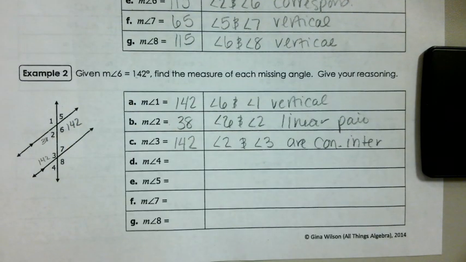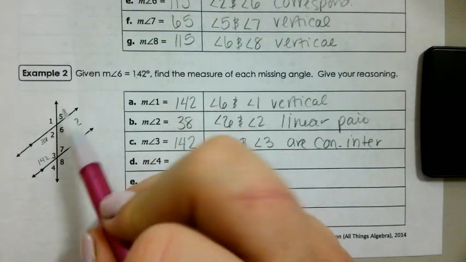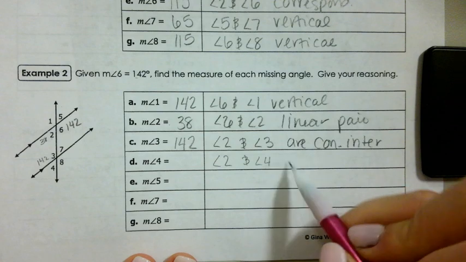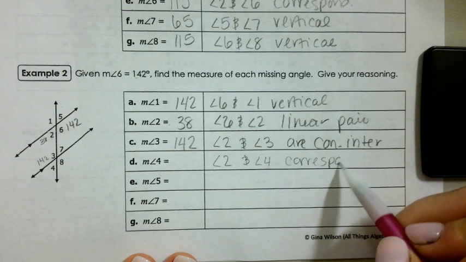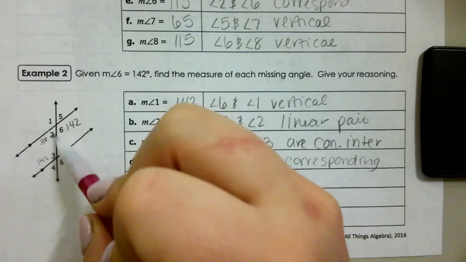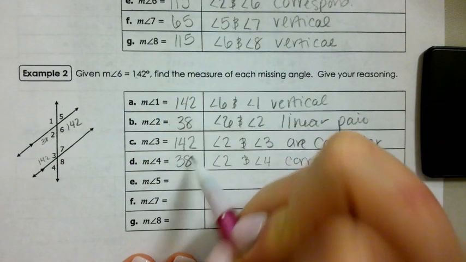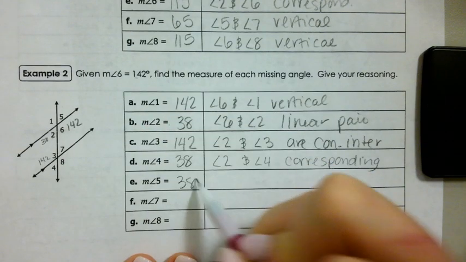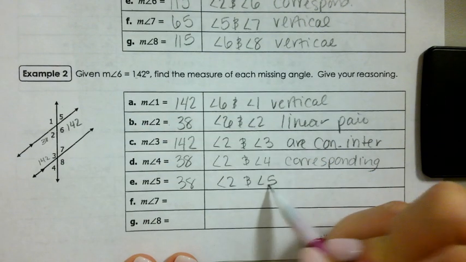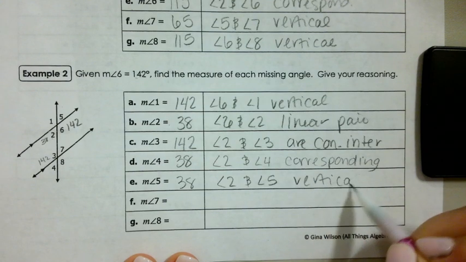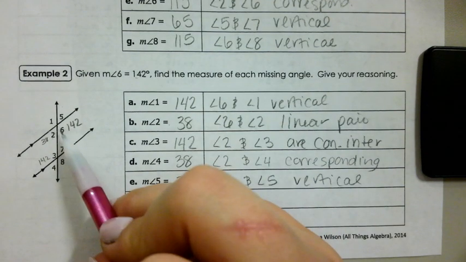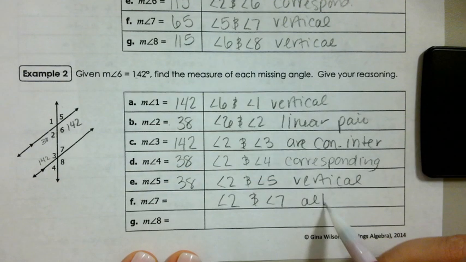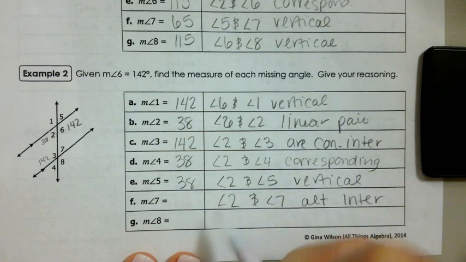We can find the measure of angle 4. If you look, you can say angle 2 and angle 4 are corresponding. They are in the same placement, so that means 4 is 38. We can find the measure of angle 5 is also 38 because 2 and 5 are vertical. Number 7, you can say angle 2 and angle 7 are alternate interior angles.